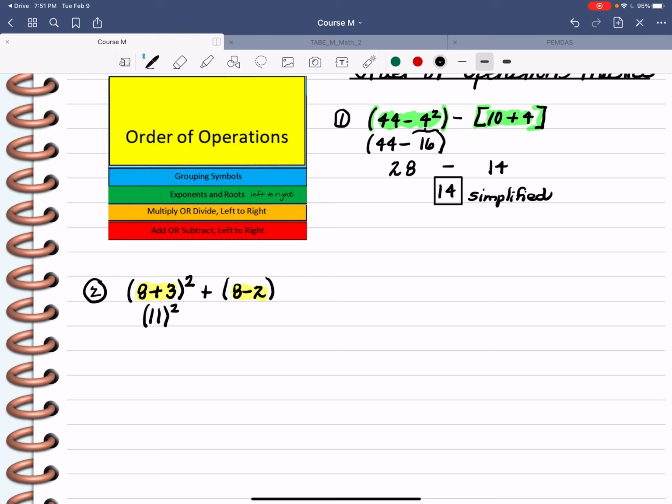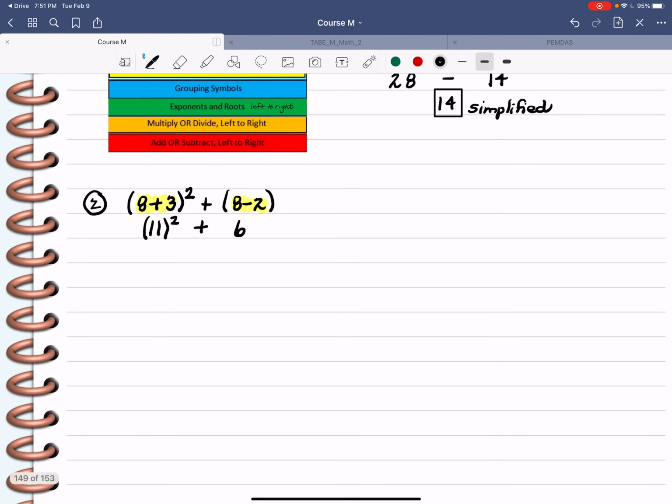Then 8 minus 2, which is 6, and copy that plus sign. Then I have exponents or addition, and exponents must come first. 11 squared is 11 times 11, that's 121. And then I copy that plus 6, just bring it on down there, and that gives me 127 as my simplified answer.